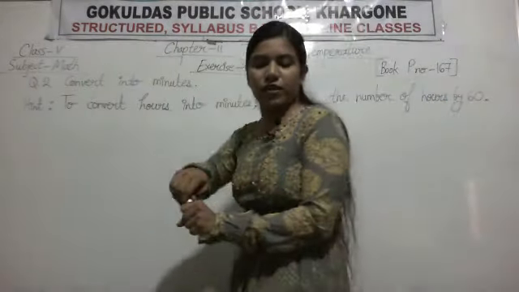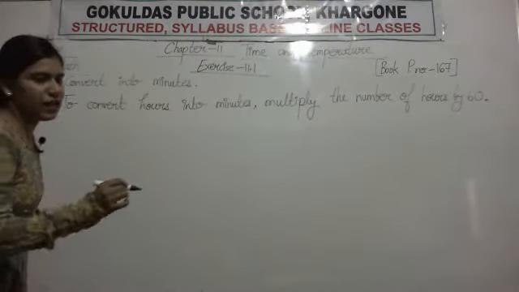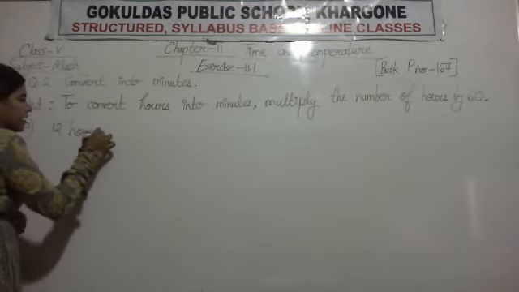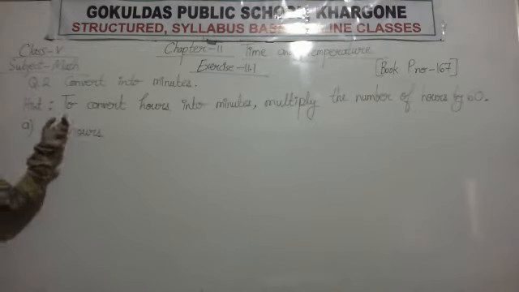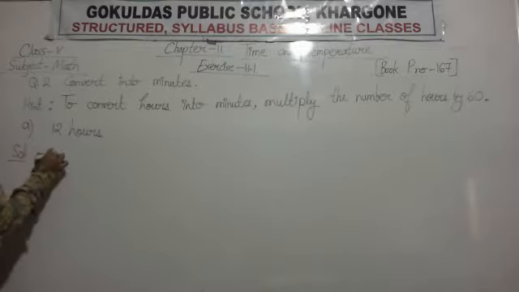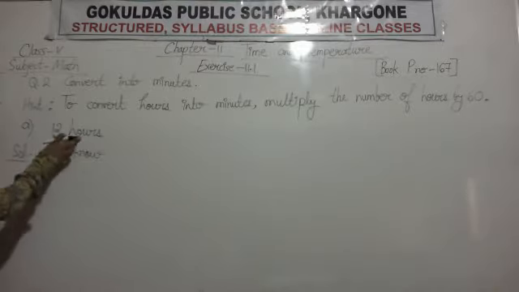Okay, question number 2, part A is 12 hours. Given is 12 hours. And we want to convert this 12 hours into minutes. It is our task, okay? So, we know that. Now here hours are given.